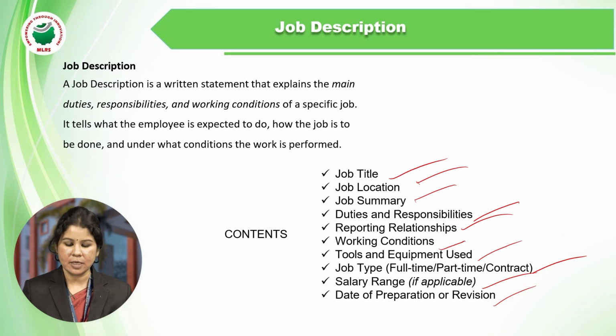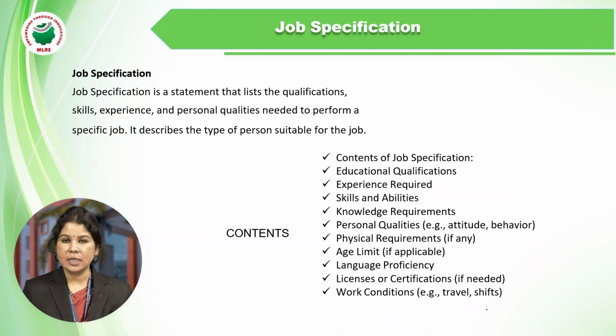So through job description we collect details about all this. Next, in job analysis we have the other method called job specification. To perform a particular job like assistant professor, with duties of teaching, evaluating, monitoring and other additional duties, what qualification do we require? For assistant professor, we require PG first class, PhD.